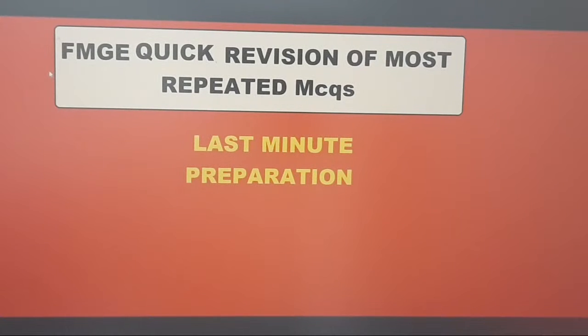A 28-year-old lady, G2P1, does not want to conceive again immediately after first trimester abortion. Which of the following is the best method for her? IUD. How much additional calories per day is required in a pregnant lady? 350 kilocalorie.